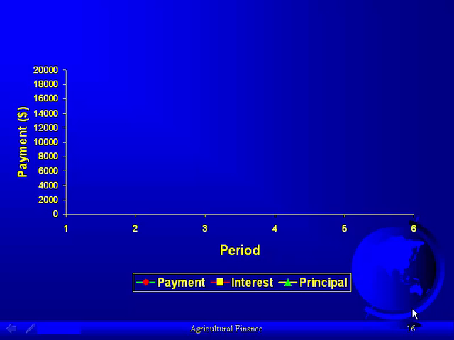Now if we look at this amortization graphically, what you see is that the payment over the 6 years is constant, because by definition we said it was a fully amortized loan, right? Which means by its definition you're going to have a constant uniform payment over the life of the loan. So you see it's flat.